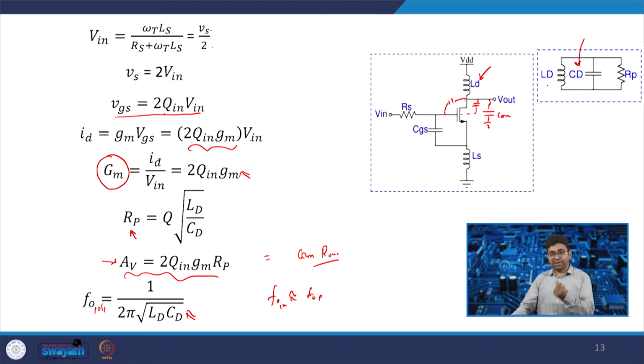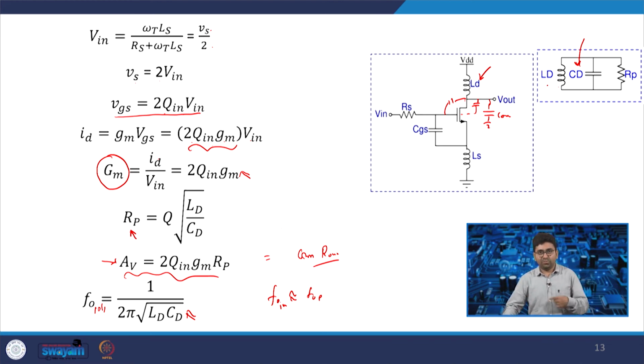Then only it will give you the maximum gain at your desired frequency of F naught. At the input side it will be matched, and at the output side it will provide you the resistance Rp, and you will get the resonance at that Rp resistance. During the resonance you will get the parallel resistance Rp.